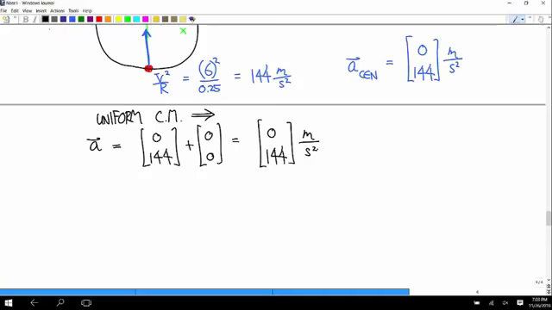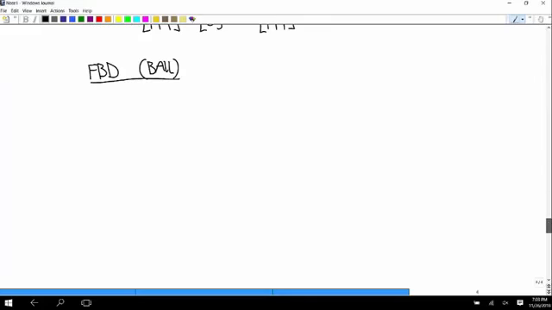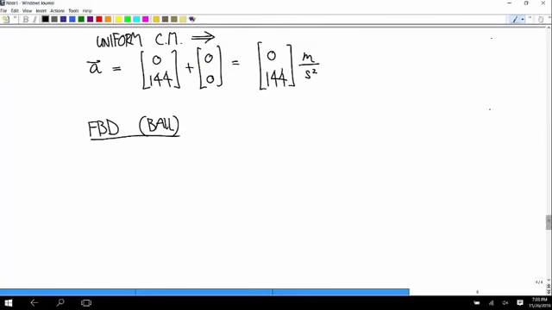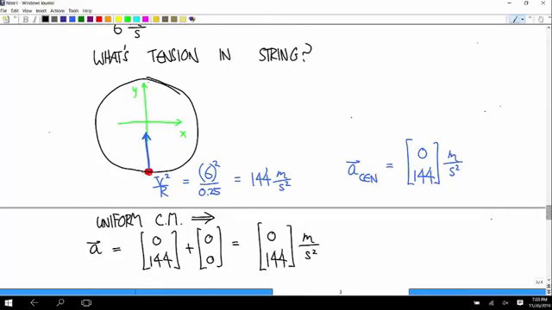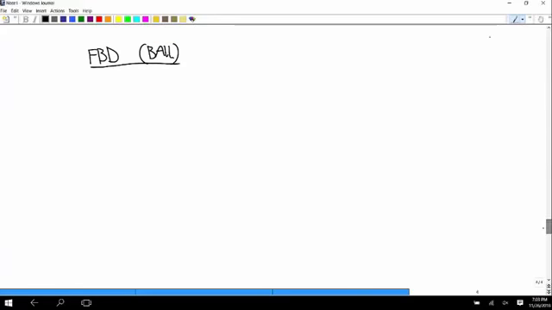Now we're going to draw a free body diagram of the ball. Well, we're looking at the ball in this view from above when the ball is at the bottom of that circle. So here's the ball. And so now let's think of all the forces that are acting. There is a weight force.